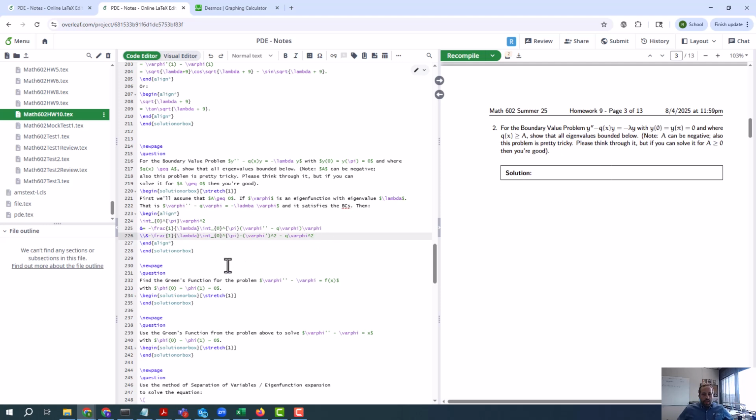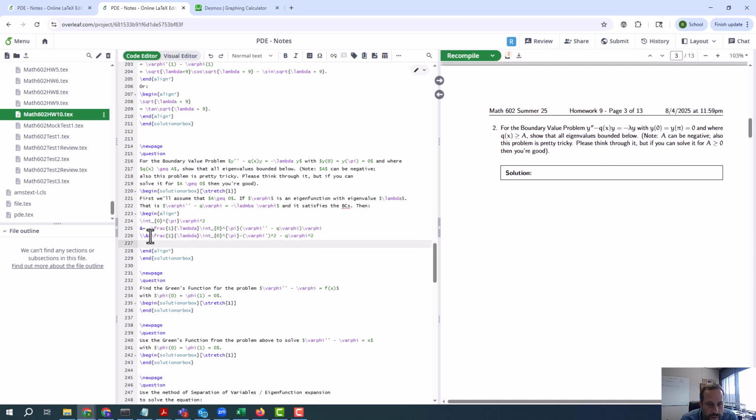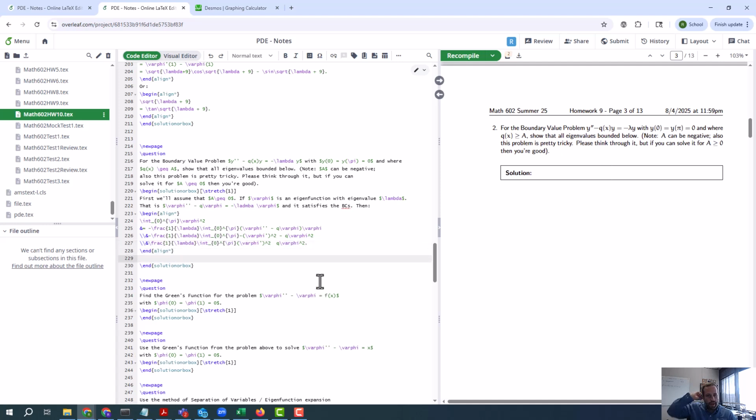Now we've got this minus sign out front, so we distribute it and we just get this, but with a plus. So what's happening here?